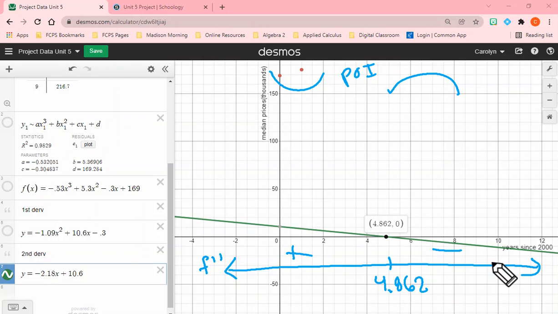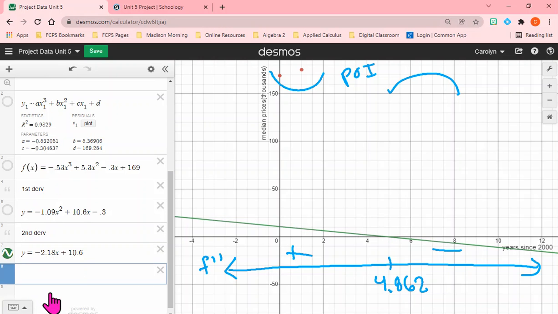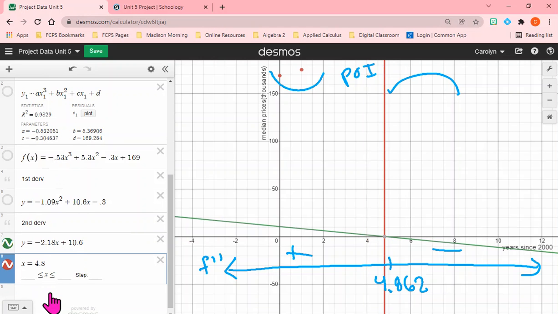Notice 4.862 is where the point of inflection is. x equals 4.862. That's the x coordinate that has the point of inflection.